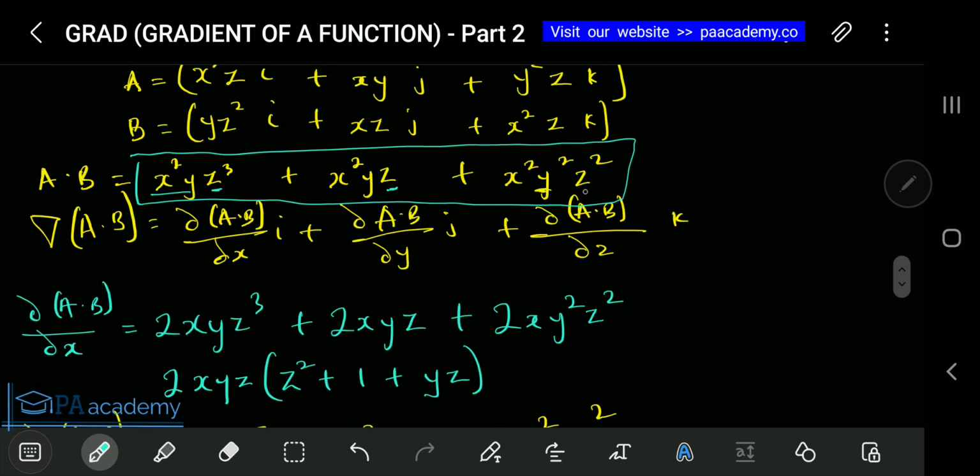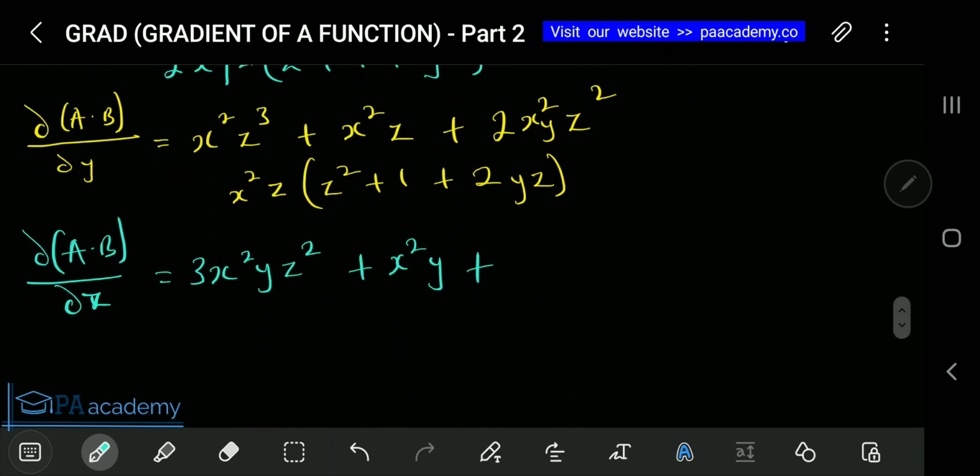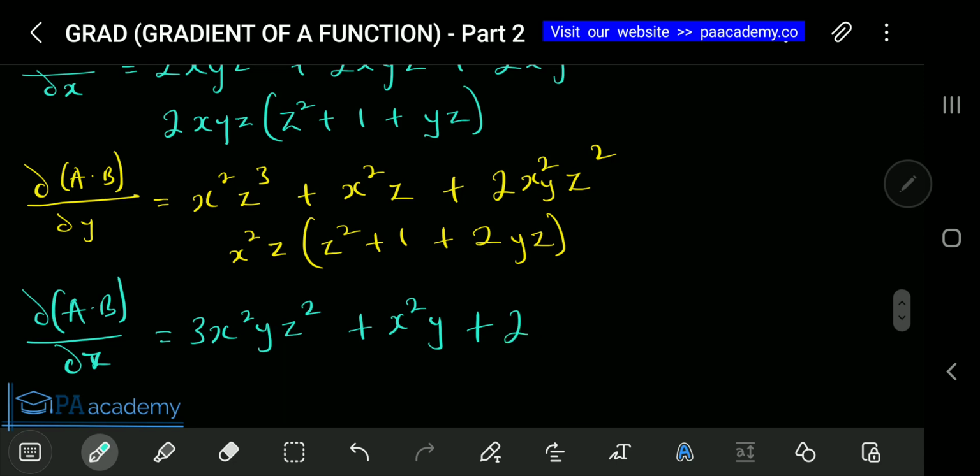If you differentiate z squared, that will be 2z. Then the x squared and the y squared remain as a constant. So we're going to be having 2x squared y squared z. All right, so let's write that: plus 2x squared y squared z.